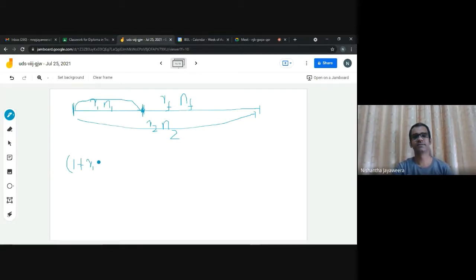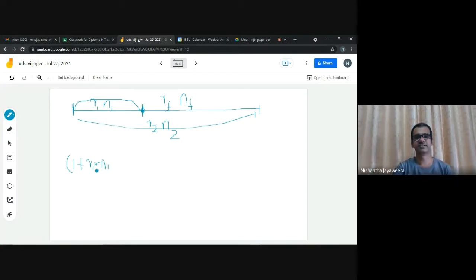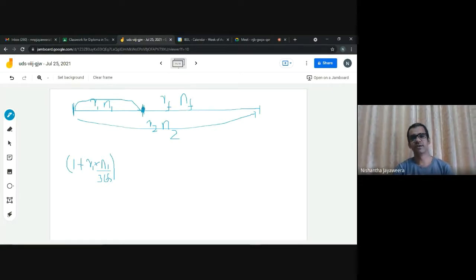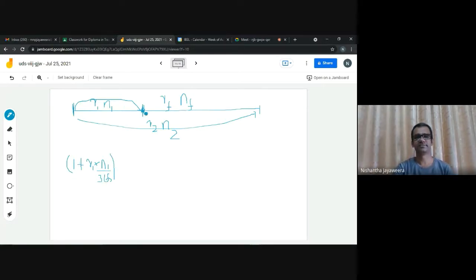Multiplied by 180, whatever the number of days, divided again by 365 or 360 or whatever. If you invest 1 rupee today for N1 number of days at the interest rate of R1, this is what you get at the end.